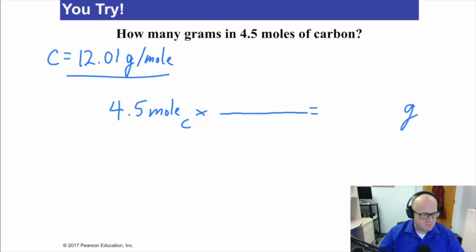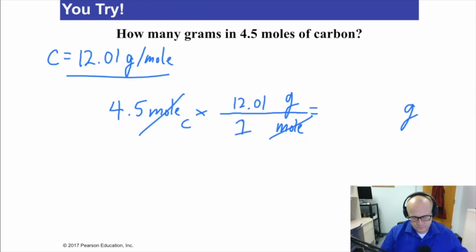Now, this could be any element, right? We just used carbon in the last 2 examples. It could have been any element on the periodic table. Moles, grams, moles canceling. 12.01 and 1. Grab the calculator.